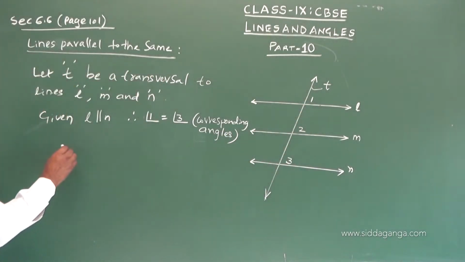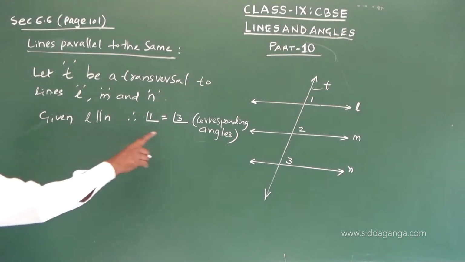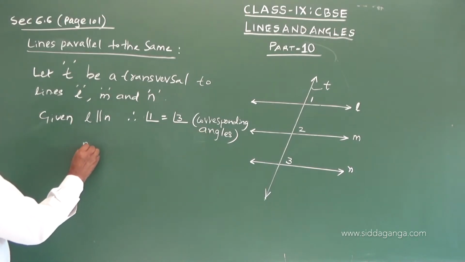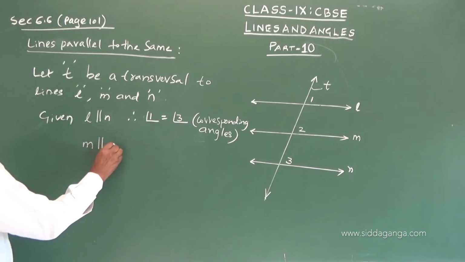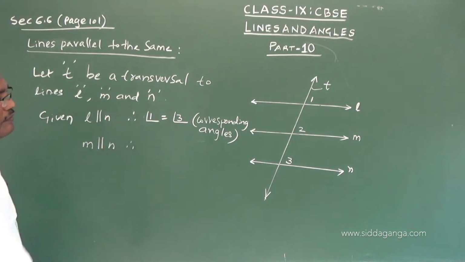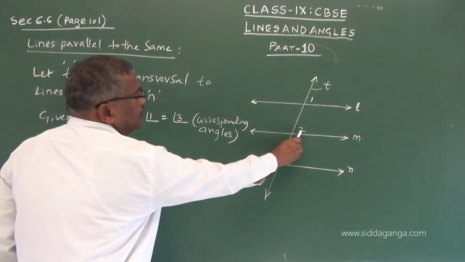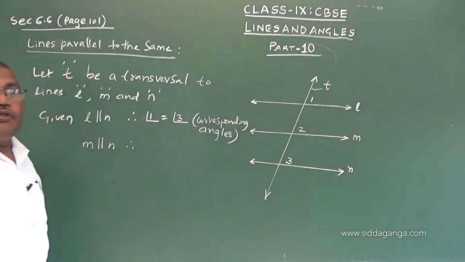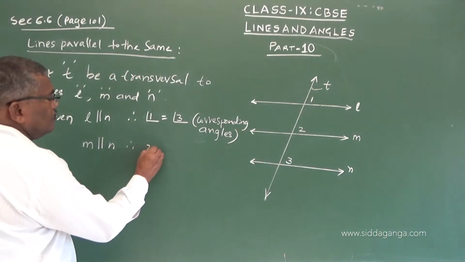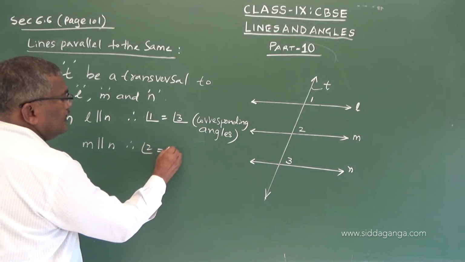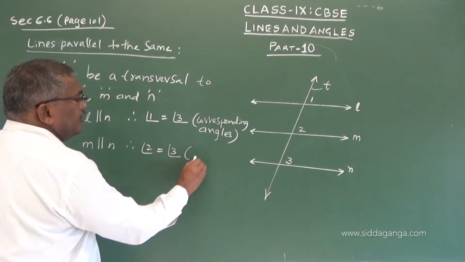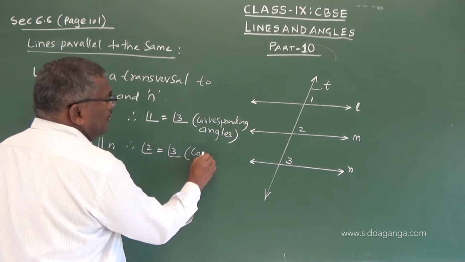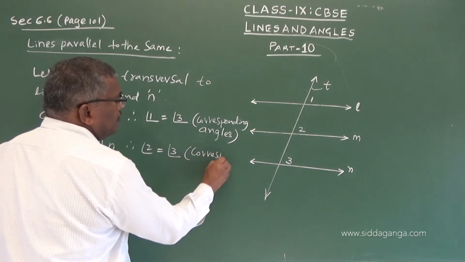Similarly, given M is parallel to N, therefore angle 2 equals angle 3. Again, why are they equal? Corresponding angles.